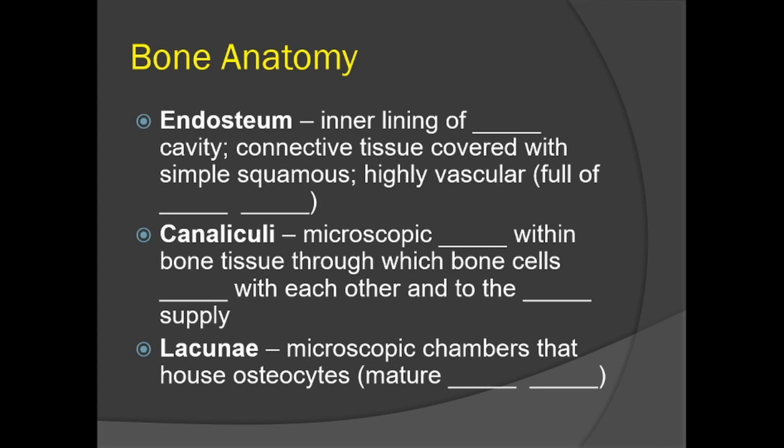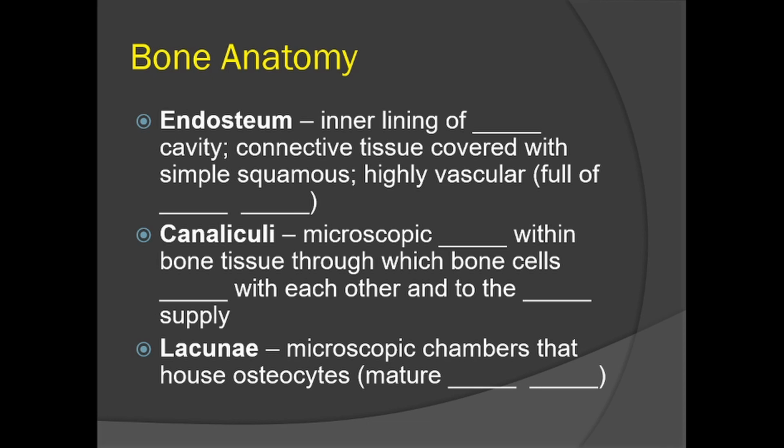Canaliculi. These are microscopic openings within bone tissue through which bone cells connect with each other and to the blood supply. So remember, bone has a pretty significant non-living part to it.